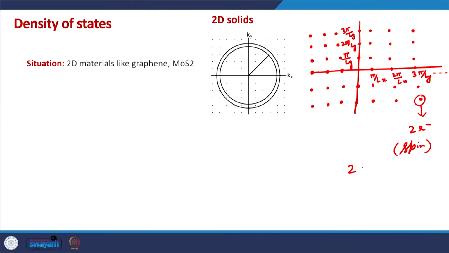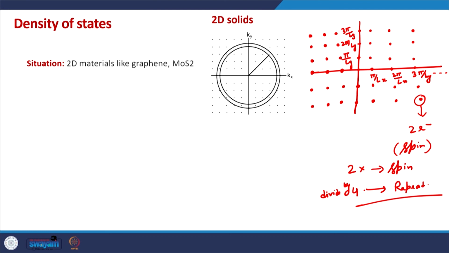So, a factor of 2 will come because of the spin, and we need to divide by a factor of 4 because of the repetition of the k values corresponding to the same electron.